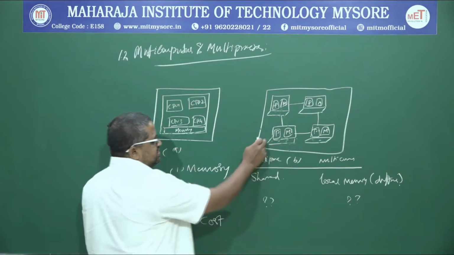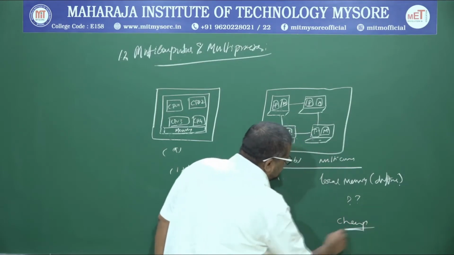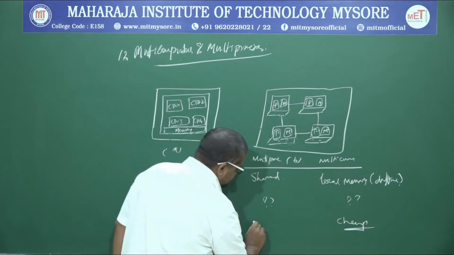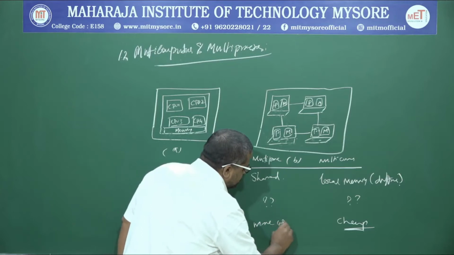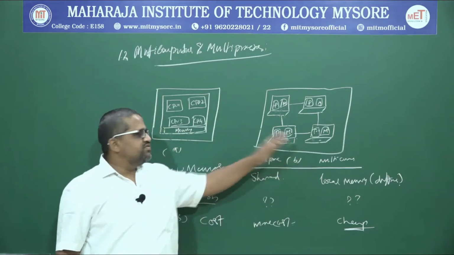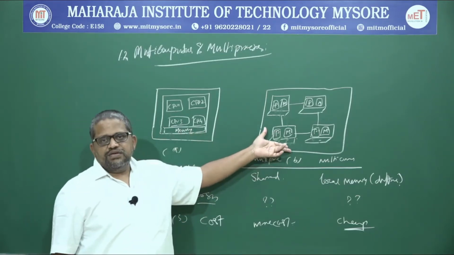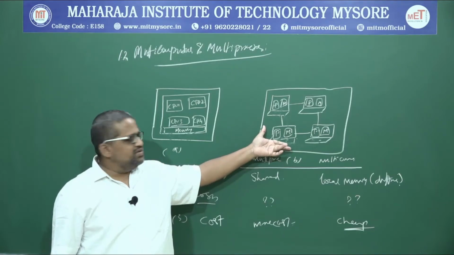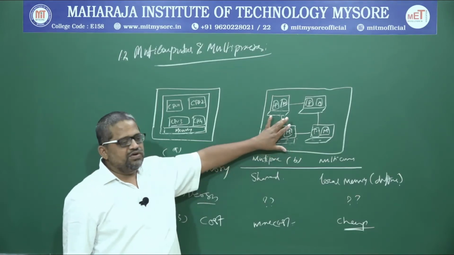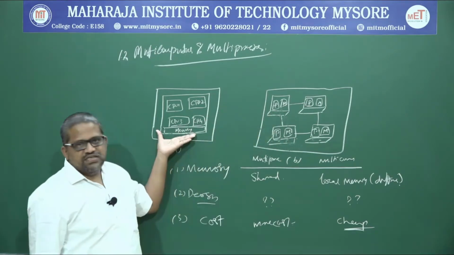I believe that this is going to be considerably cheap, less cost than this, more cost, but this is going to be less cost when compared with this one, because here the system already exists, you do not need to interface everything, you only need to provide a communication path, but here it is not the case.